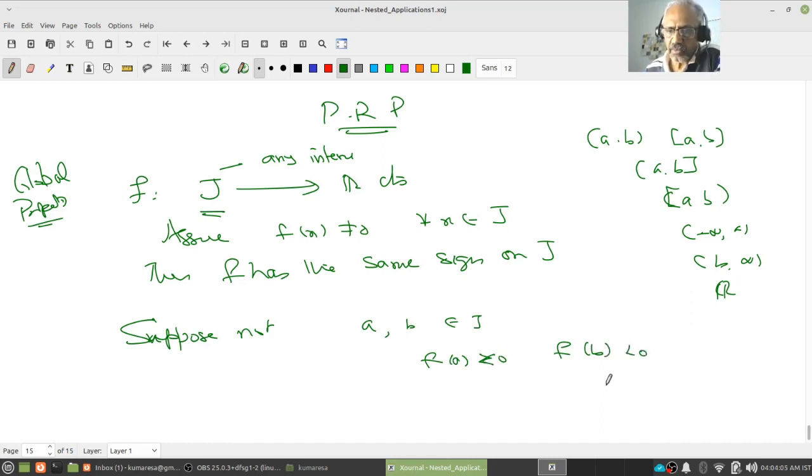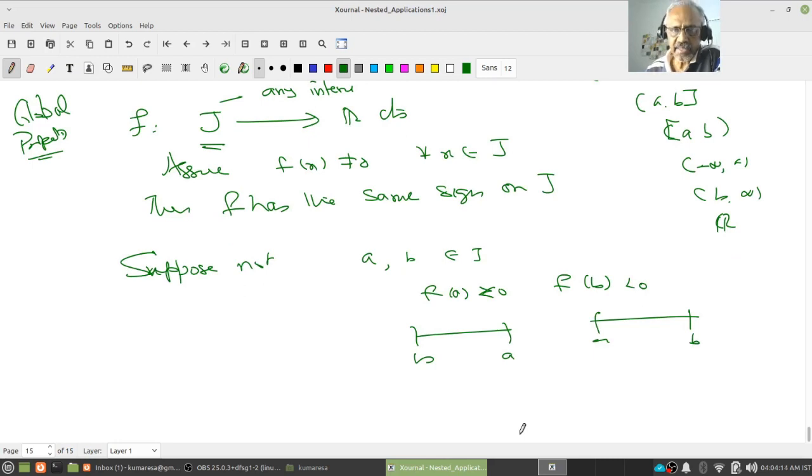Now this may be the case a less than b, or it may be b less than a. I don't know which way. Do you understand that? Now restrict f to this interval: either [a, b] if a is less than b, or restrict f to [b, a] if b is less than a.